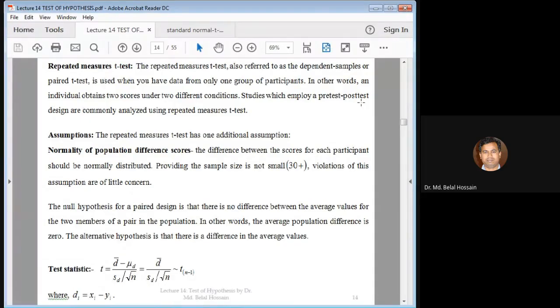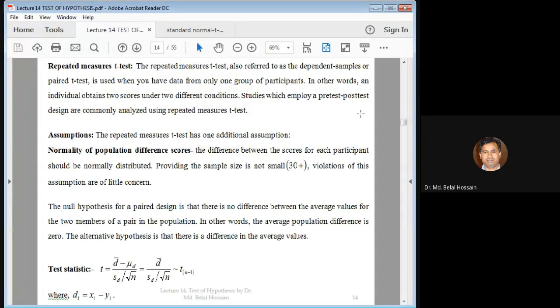Okay. But if you go to hospital with a certain medical condition and then you get treatment, then the post-test score should be somehow different from the previous one. Otherwise, the treatment is obsolete.